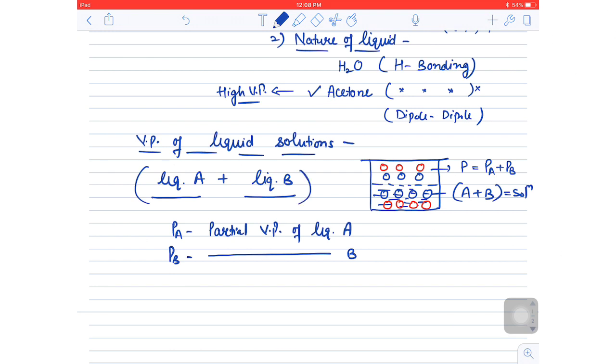So we have taken two liquids, liquid A and liquid B. We have mixed them well and formed a solution. Now the solution contains A and B. Both of them are forming vapors. The total pressure is P, which is the sum of individual pressures of A and B, which we call partial vapor pressures.